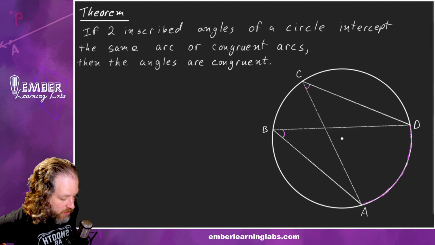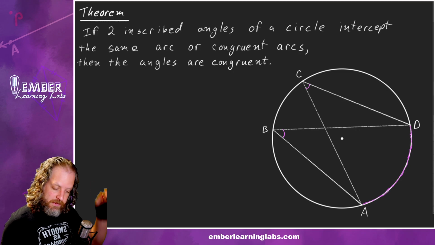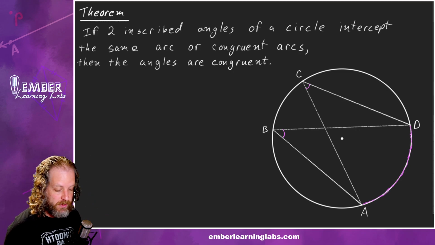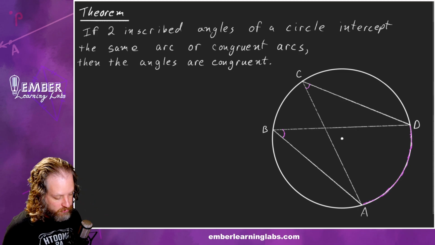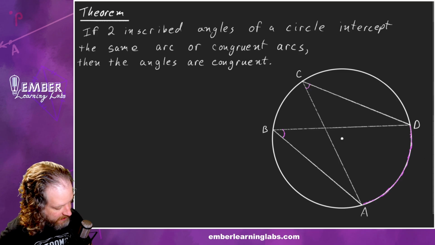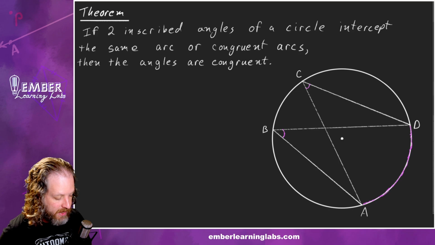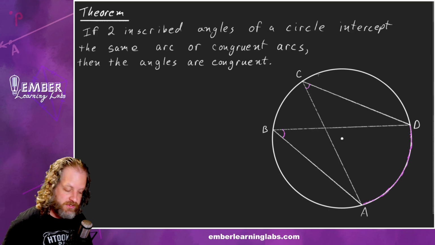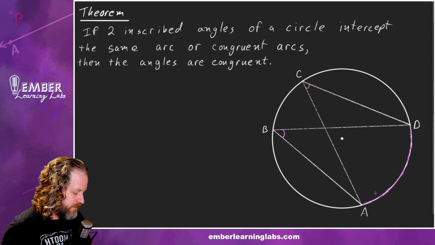All right. So this theorem says, if two inscribed angles of a circle intercept the same arc or congruent arcs, so we've got these measured here. In this case, it's the same arc, right? Angle C intercepts arc DA, and angle B also intercepts DA.